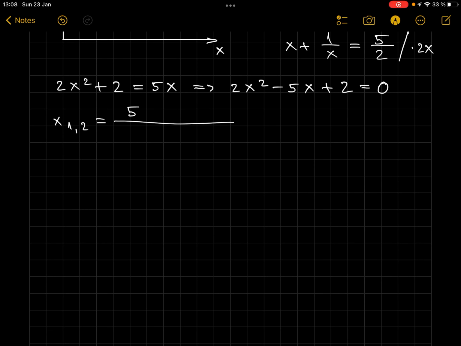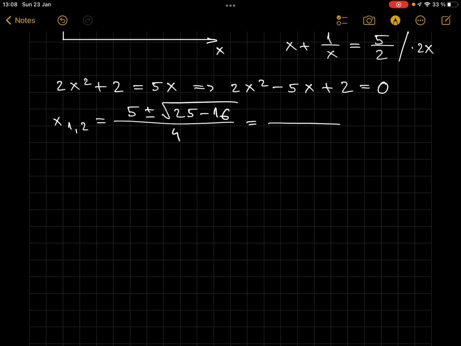Yeah, so by using the quadratic formula, we get that x1,2 is equal to 5 plus or minus the square root of 5 squared, which is 25, minus 4 times 2, which is minus 16, over 2a, which is 2 times 2, which is 4.